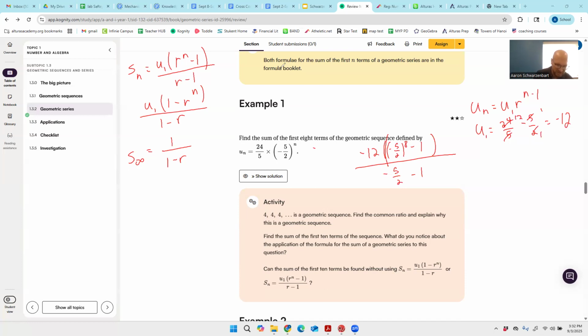I go to my handy dandy calculator, and I type it all in.